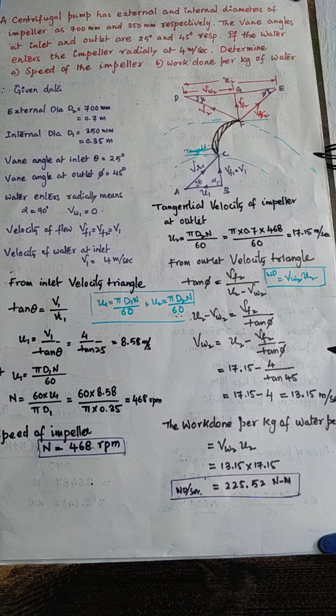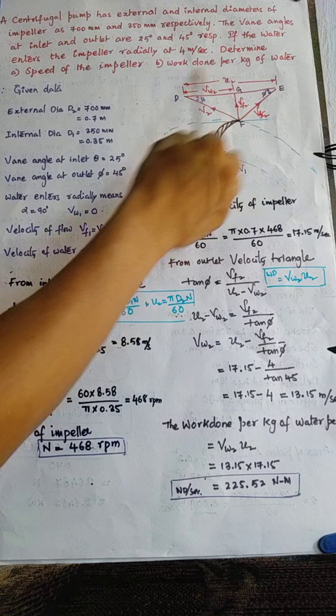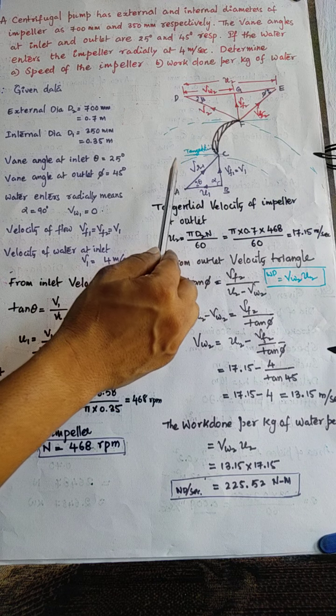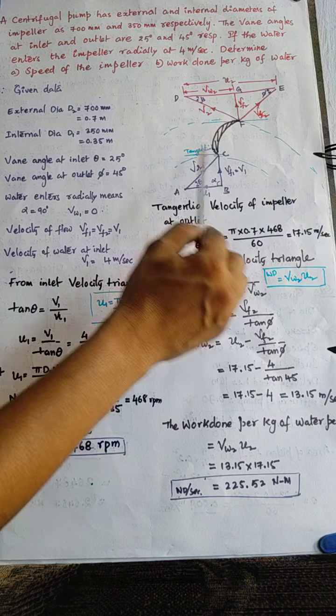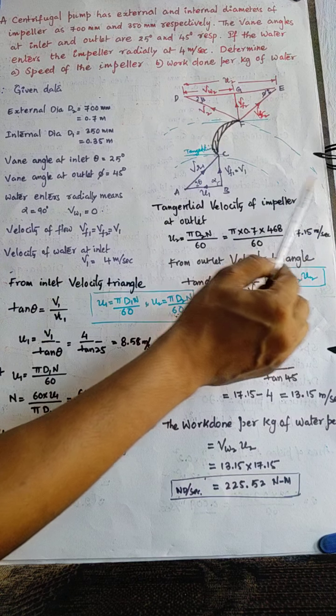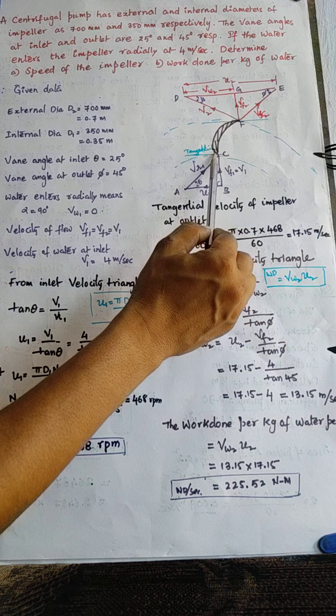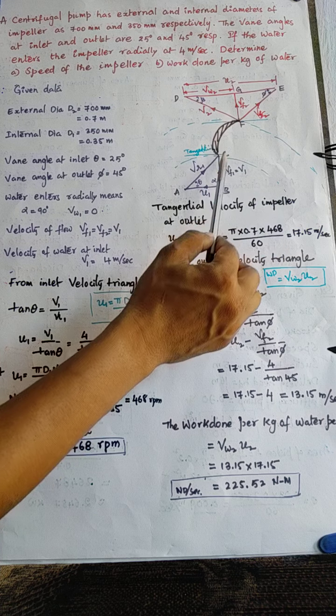And before going to solve the problem, we must understand the concept of the velocity triangles for the centrifugal pump. Here the velocity diagrams are given, and this is the impeller inlet diameter and outlet diameter that the blade is considering.